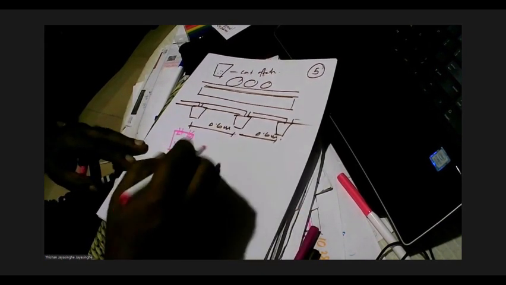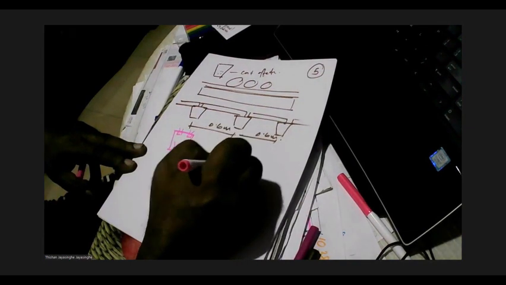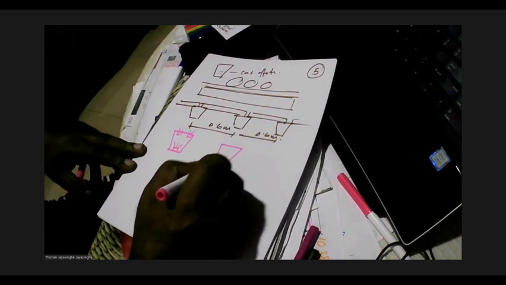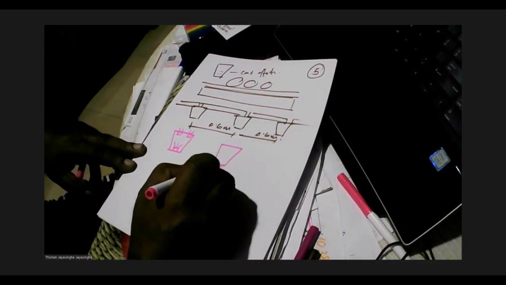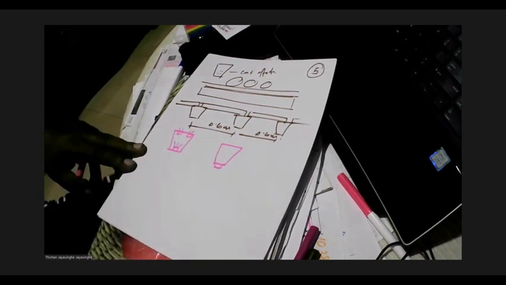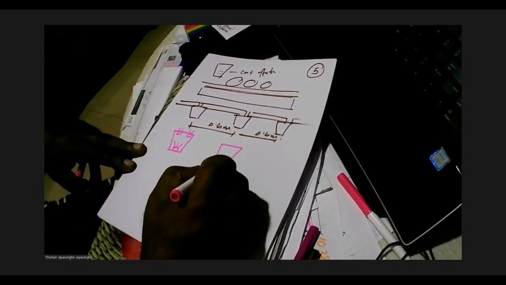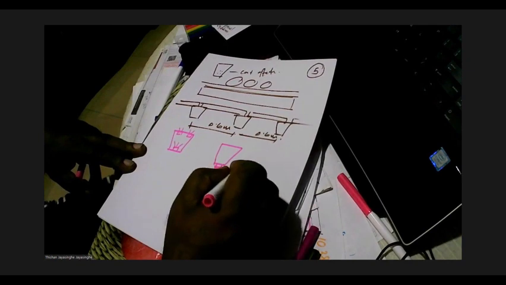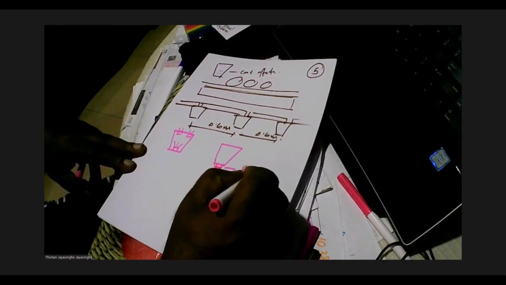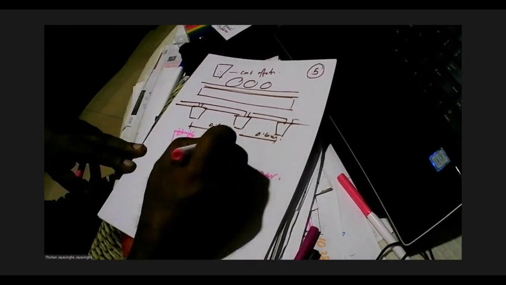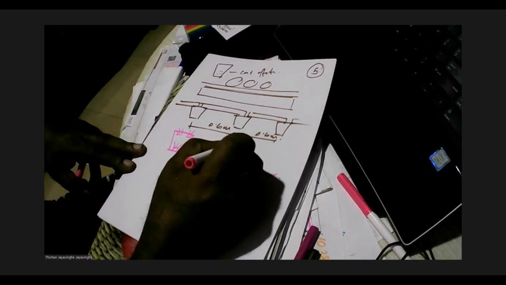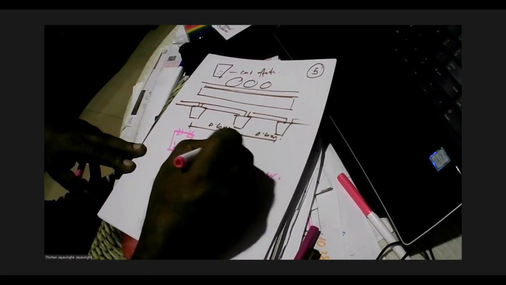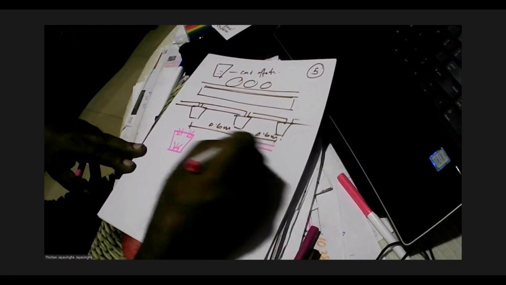So the idea is, once you have the beam done, you can fix a plate here, the timber reaper, like that. And we can have two other reapers, and then mount the floor on that.